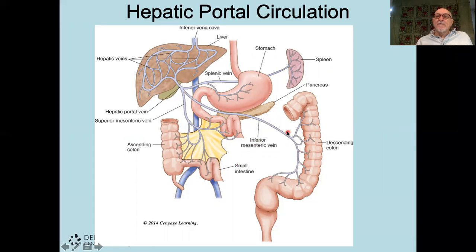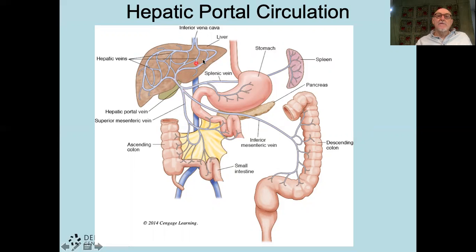So, for example, this here is the gut, and this is the mesenteric vein. And the mesenteric vein empties into this vein here called the hepatic portal vein.